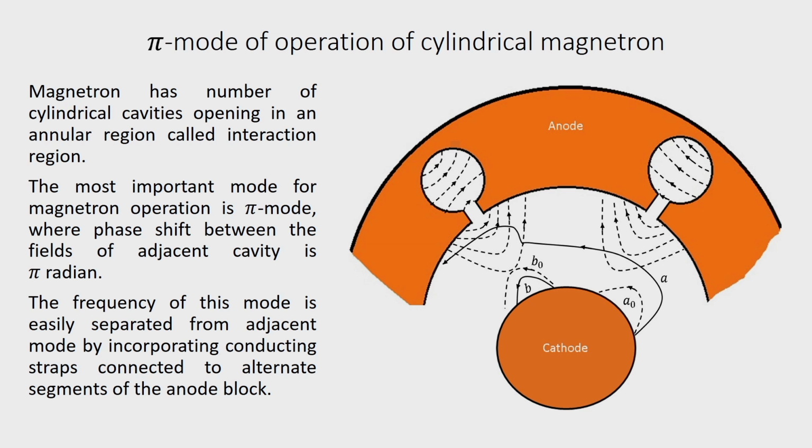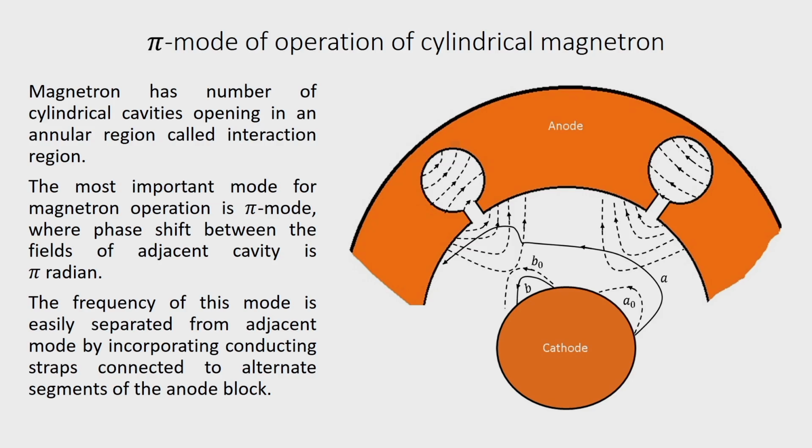We will see why it is important. For a practical magnetron, the frequency of this mode is easily separated from adjacent modes by incorporating conducting straps connected to alternate segments of the anode block.